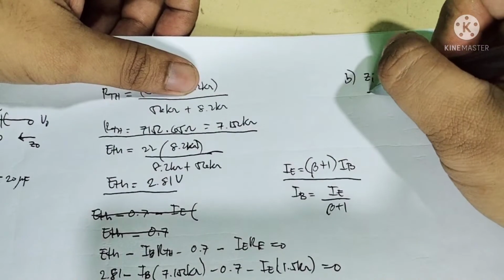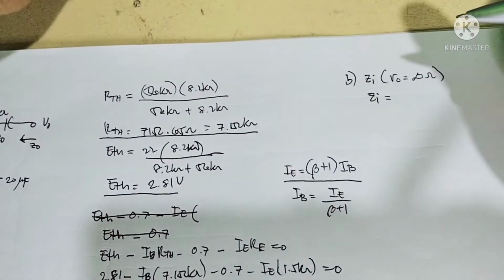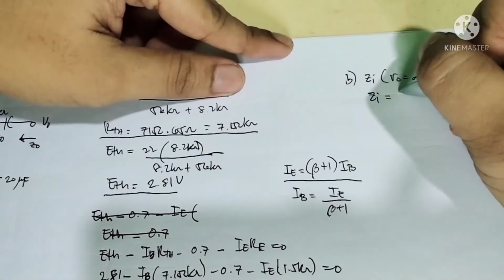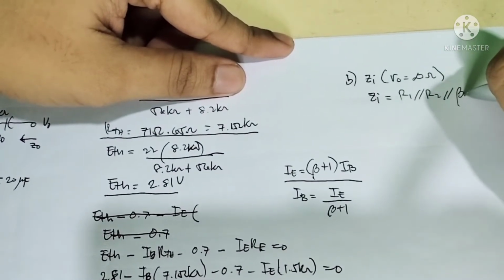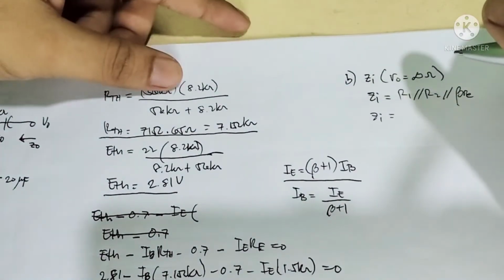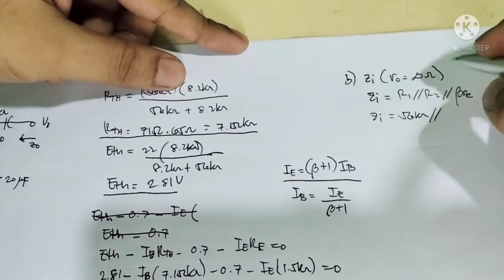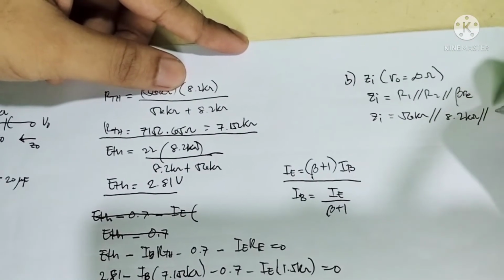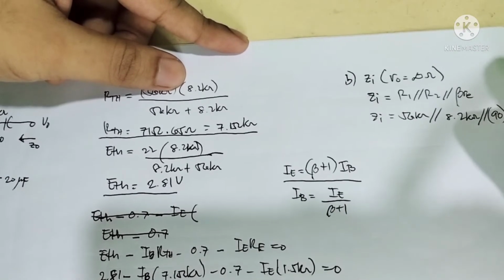So we can use the formula Zi equal to R1 parallel R2 and parallel with beta r sub e. So that is 56k parallel with 8.2k, and then parallel with 90 times 19.4.